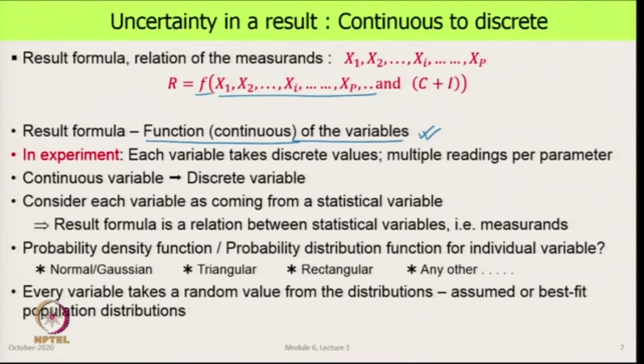So, we have a continuous function, but what we have in an experiment is that each of these variables, all our x1s, x2s and all these, which in a result calculation we could have fitted as a continuous line by giving infinitely small changes and making it look like a continuous function. In the experiment, we take very specific discrete values and we take multiple readings for every parameter.